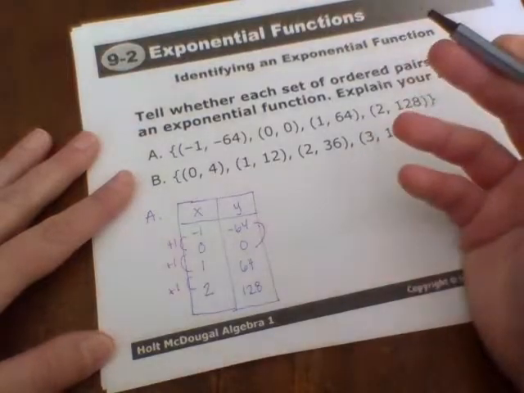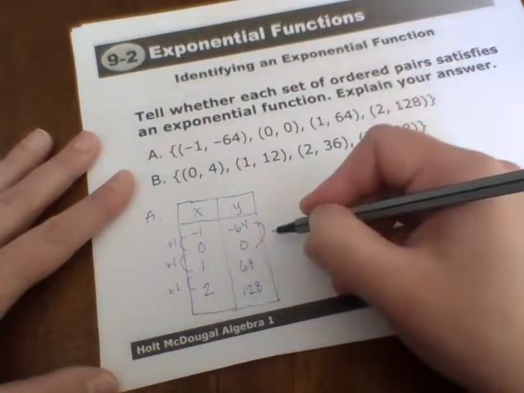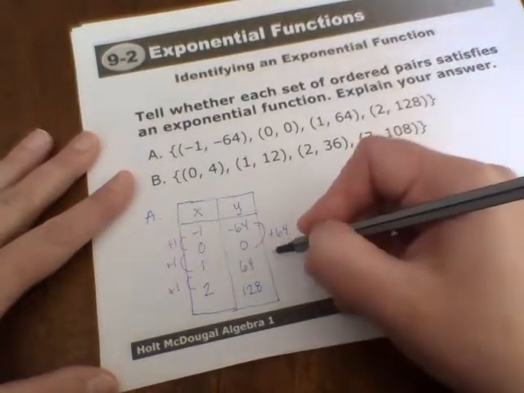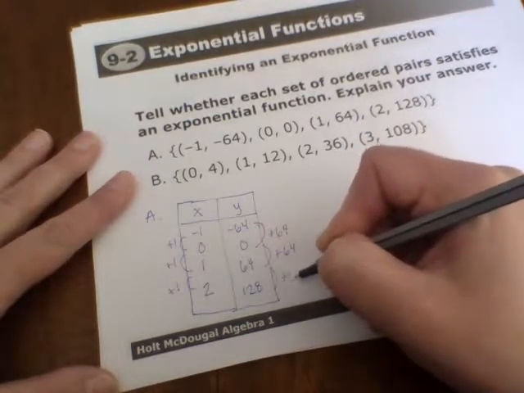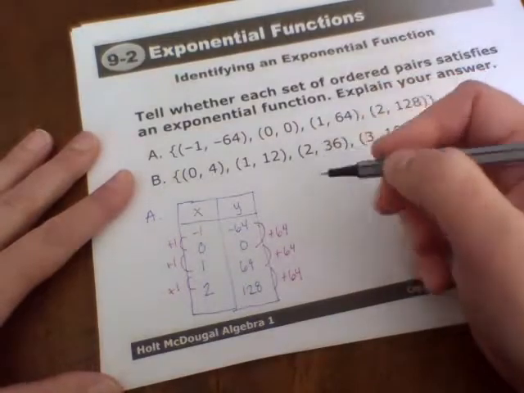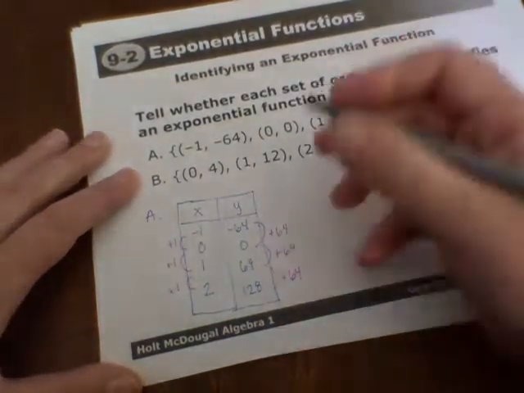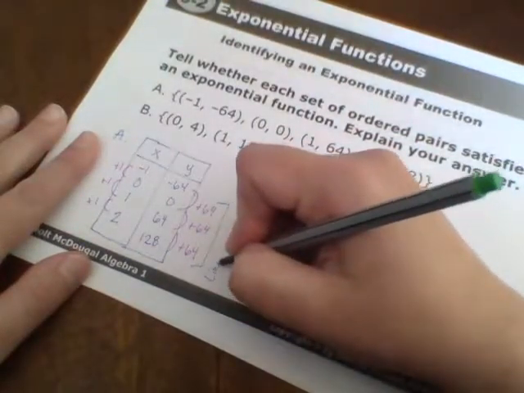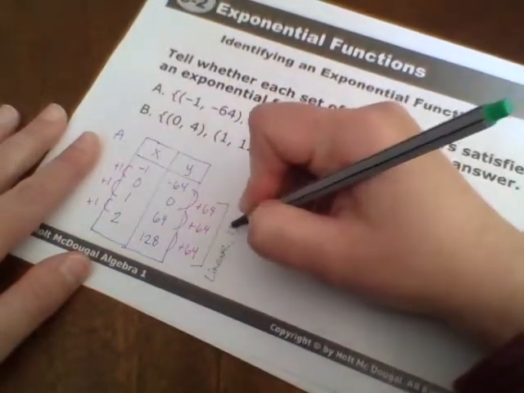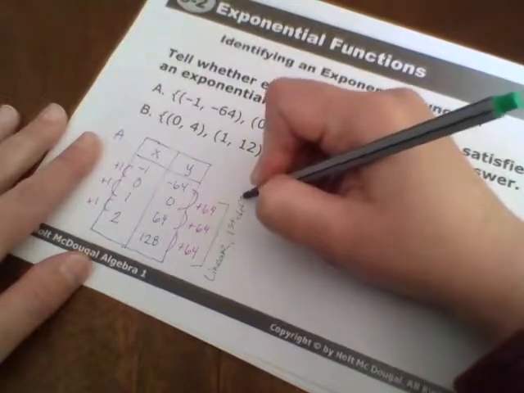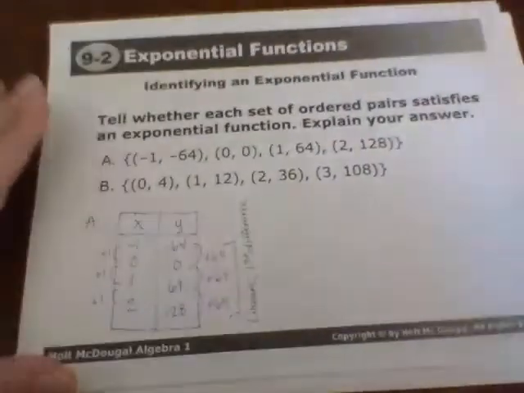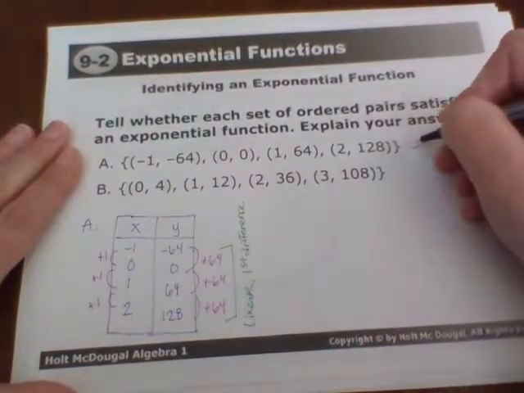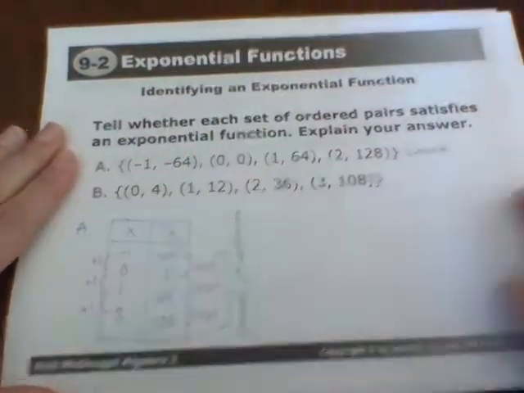And we can't have a constant ratio of 0, and so you end up noticing that it should actually be adding 64. And remember that adding 64 is not going to be a constant ratio or multiplying. And so in that case, this is our first difference, and so this is linear. And so in that case, A is linear and not exponential.